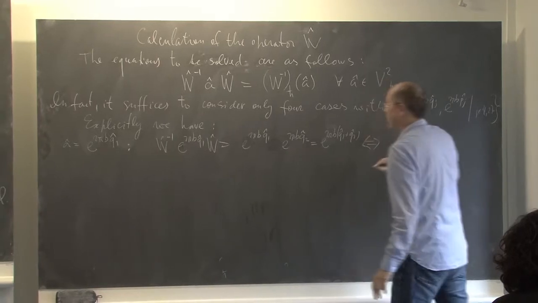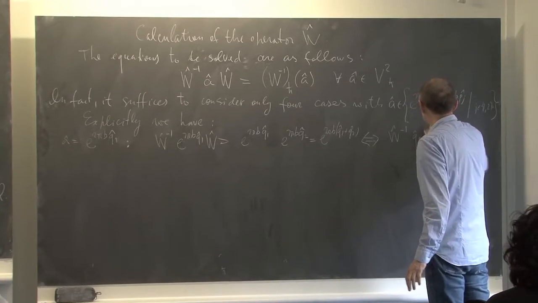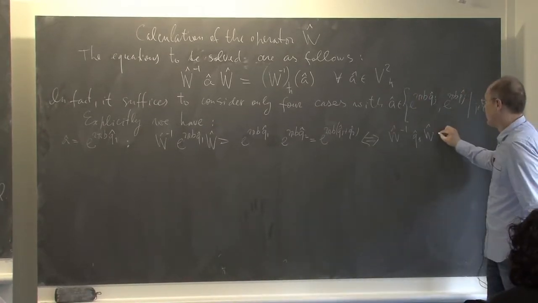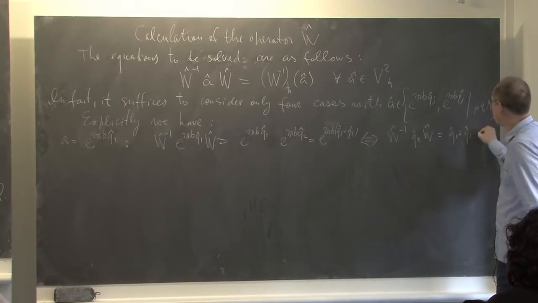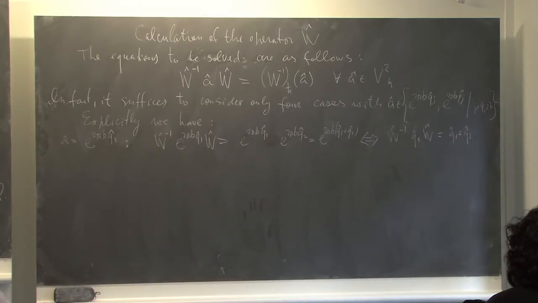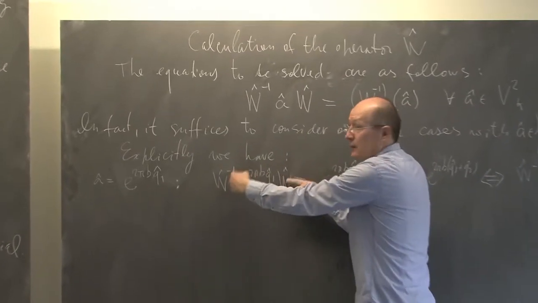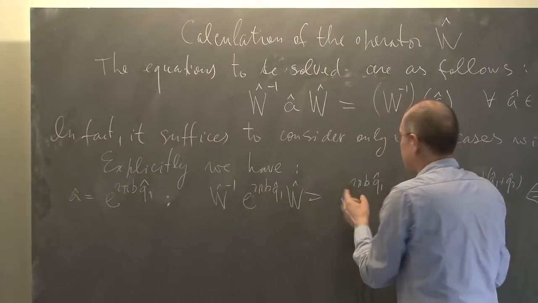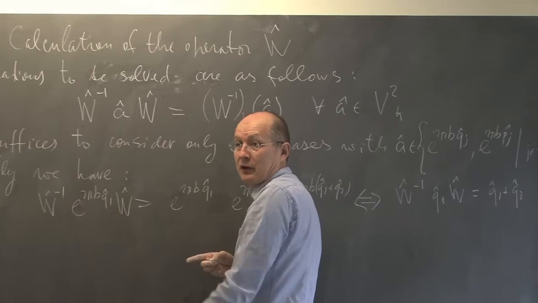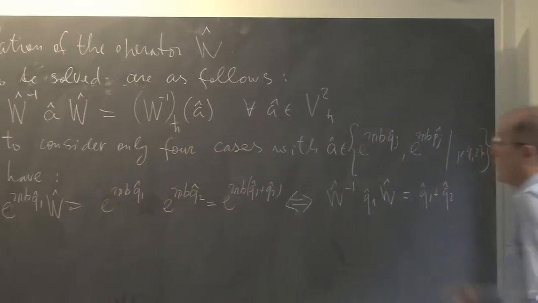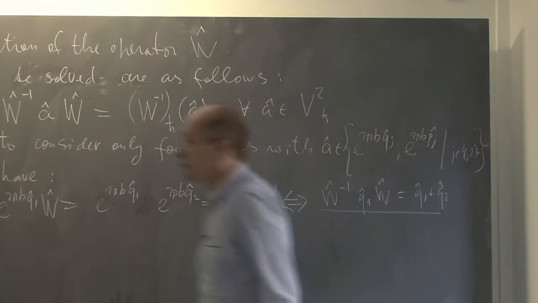So this is equivalent to saying that W hat minus 1 applied to Q1 hat by adjoint action is equal to Q1 hat plus Q2 hat. Right? We just insert this W in the argument, and then we just take a logarithm. These are positive real operators, so logarithm is a one-to-one operation. So we end up with this first equation.